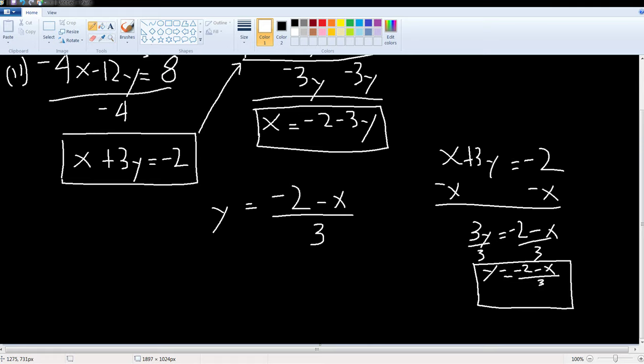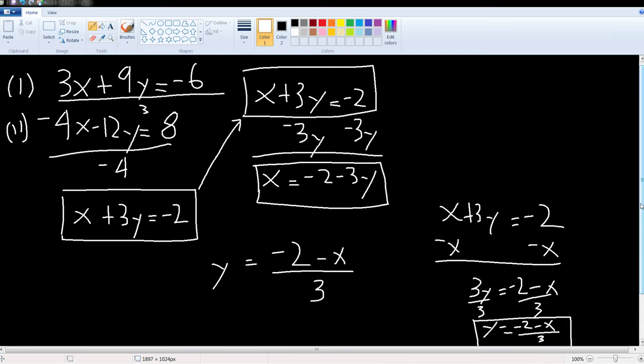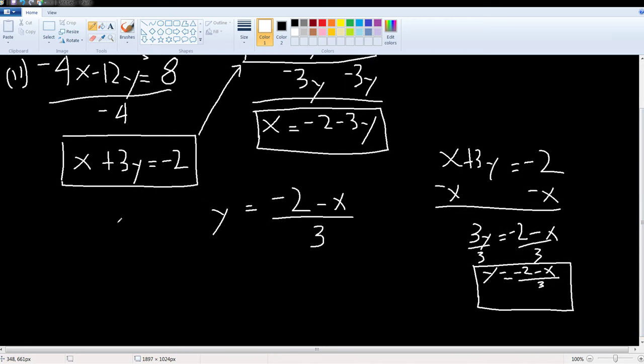If we graph this, you'll just have a line that looks something like this.